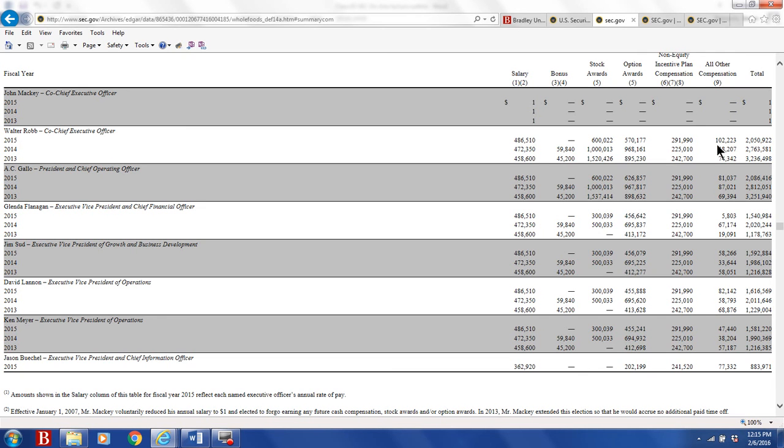There's some other incentive plan, some other form of compensation. So in total, all different kinds of compensation, the CEO's making a little bit over $2 million. And what companies have to do is disclose the top salaries. You usually see it for like the top 5 or 6 people in the organization.